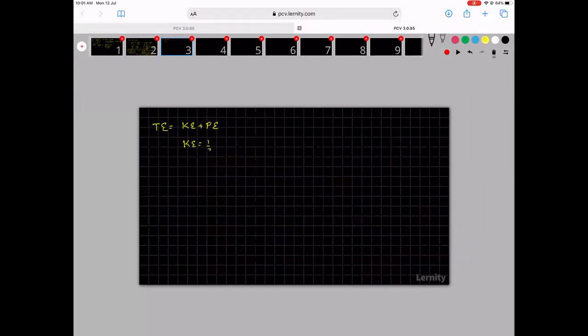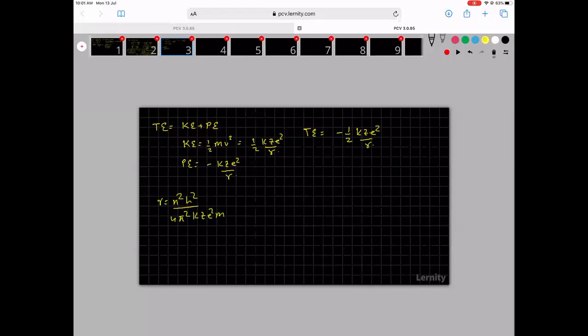Kinetic energy is equal to half mv square, which is equal to half k z e squared by r. Potential energy is equal to minus k z e squared by r. So total energy is equal to minus 1 by 2 k z e squared by r. R is equal to n square h squared by 4 pi squared k z e squared m.